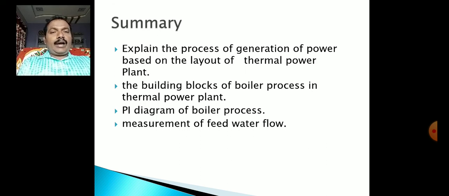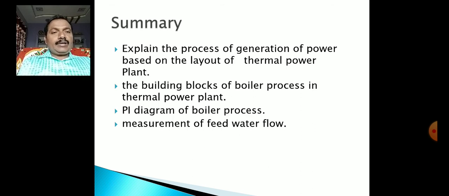And after that, how they work. Each circuit working we have explained. And the building blocks of boiler process in thermal power plant also discussed. That is, what are the parts of the boiler and what is the working of the boiler we have discussed.